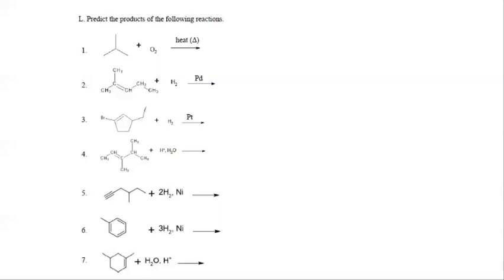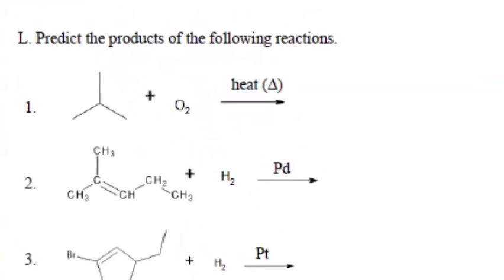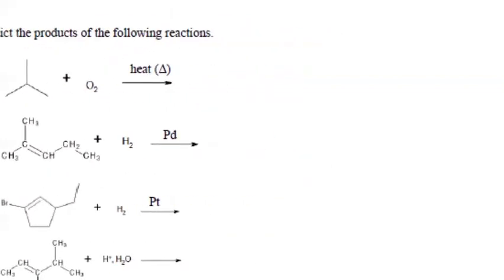So let's actually go through these 7 reactions just to solidify the concepts of reactions. Reaction number 1. I have an alkane that I am reacting with O2 and I'm heating it. What kind of reaction is that? Actually, let me just put the 3 reactions that we talked about. Let's do in letters.